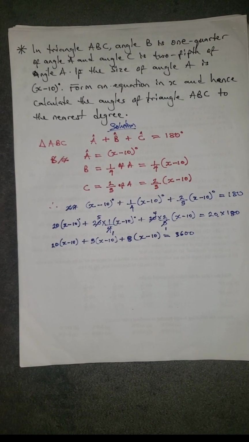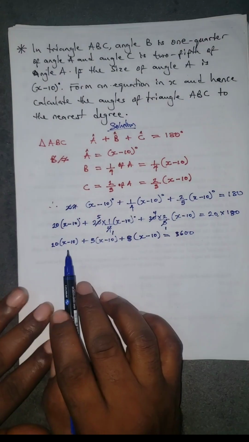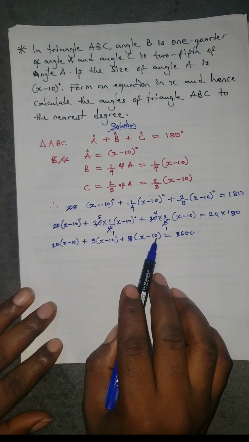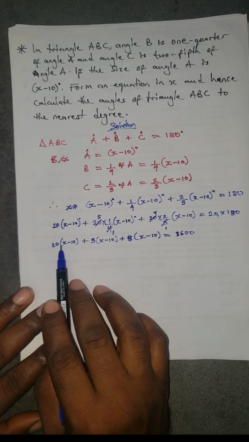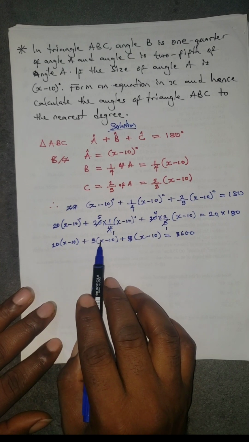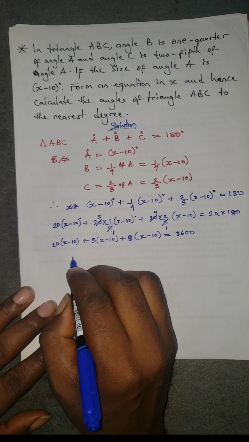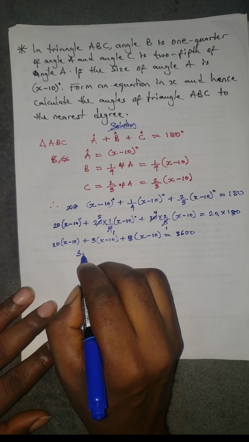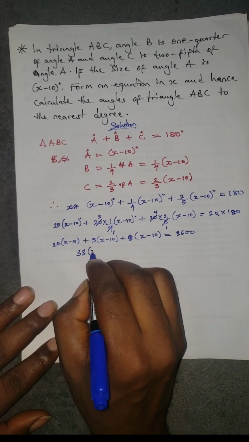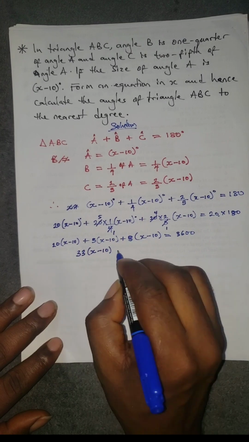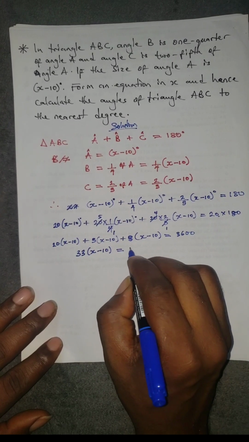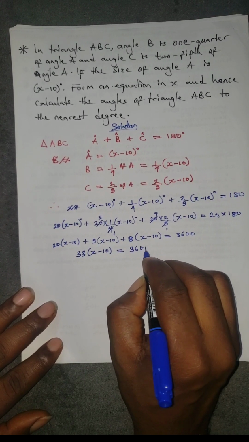So that's 3600. So you can see that all these are like terms. 20 times x minus 10 plus 5 times x minus 10 plus 8 times x minus 10. So that will give you 33 into x minus 10 equal to 3600.